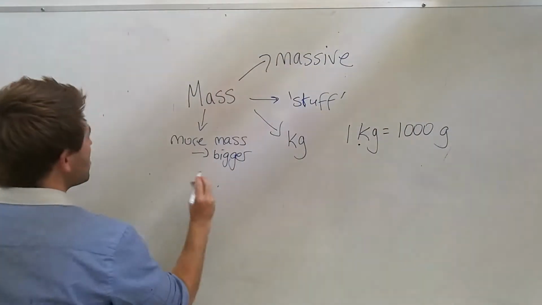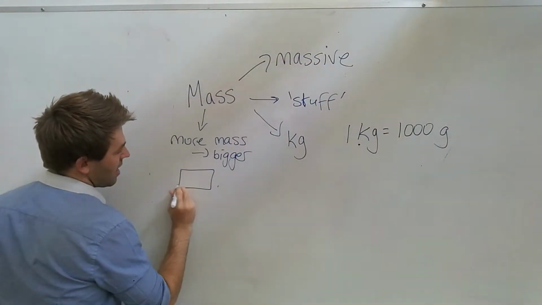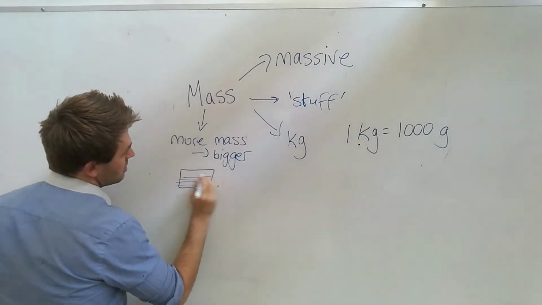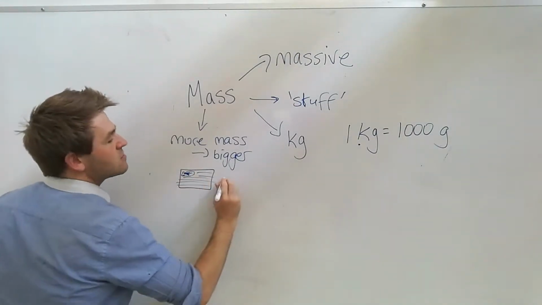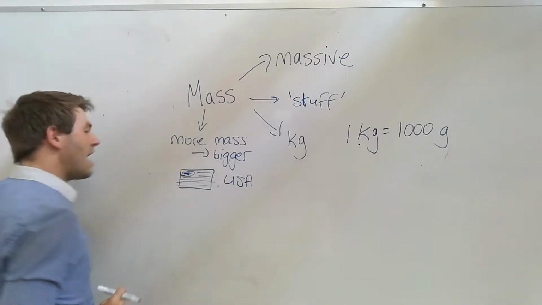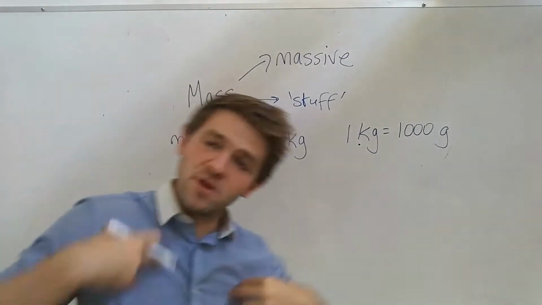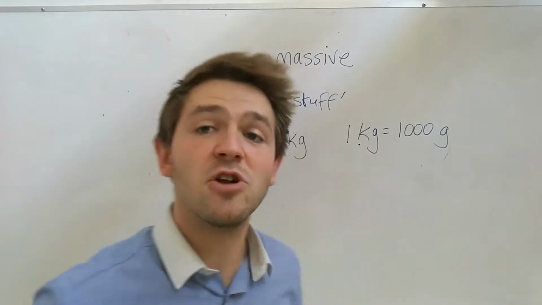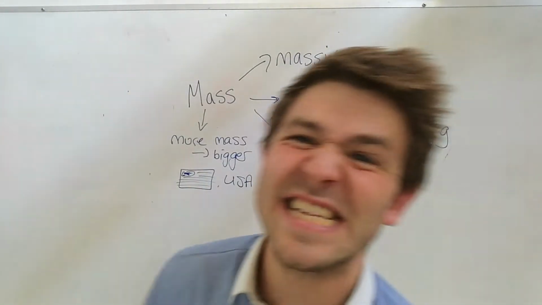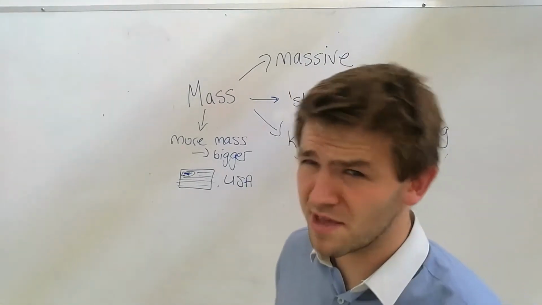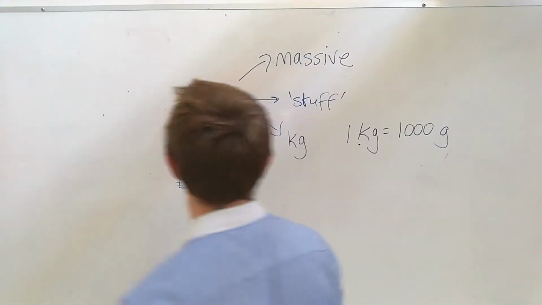In one country which has a flag like this, with some stars over here or whatever, the USA, it is very common for people when they talk about their weight and how much they are. Now, I am about 76 kilos, hopefully, maybe, I don't know.